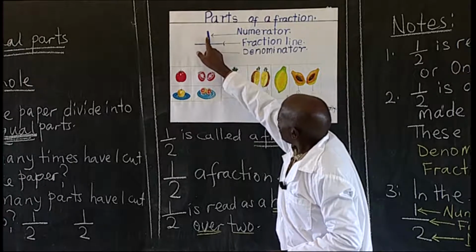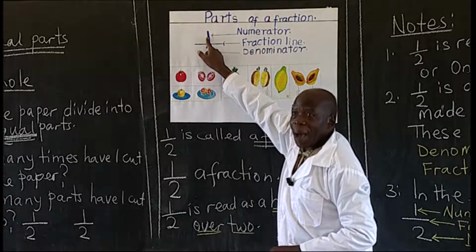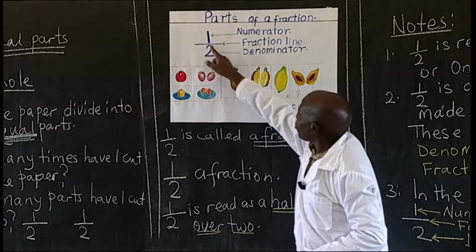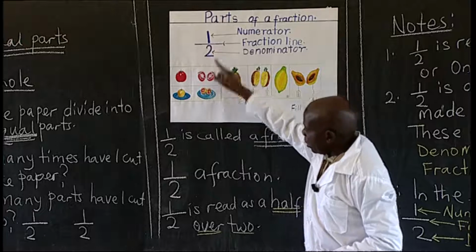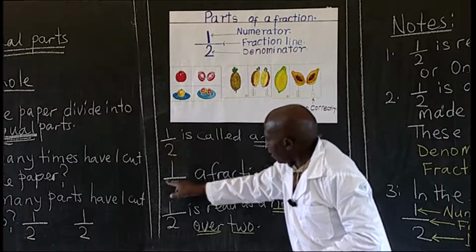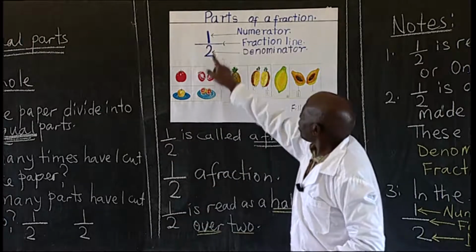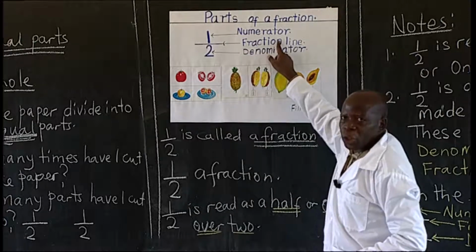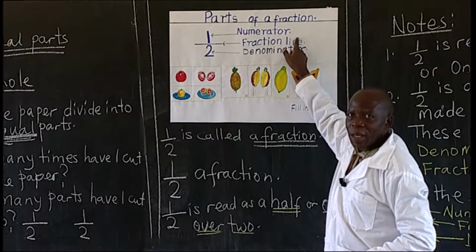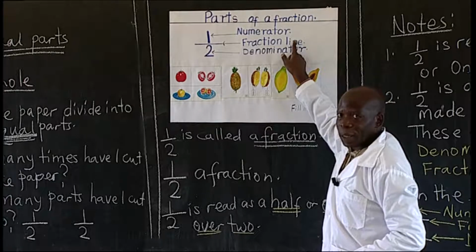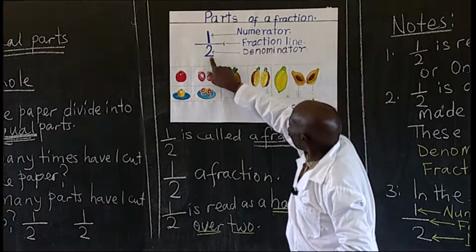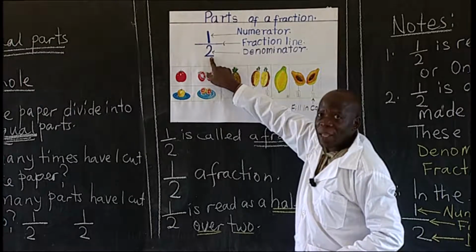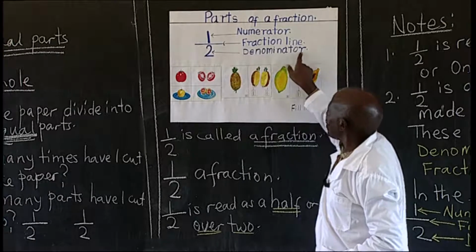Now, after the numerator, there is this line. Do you see this line, children? Do you see it properly? We've been repeating it. So this line is called fraction line. Again, fraction line. Now, the number which is below the line is called denominator.